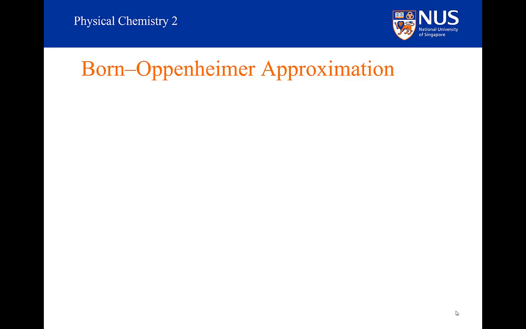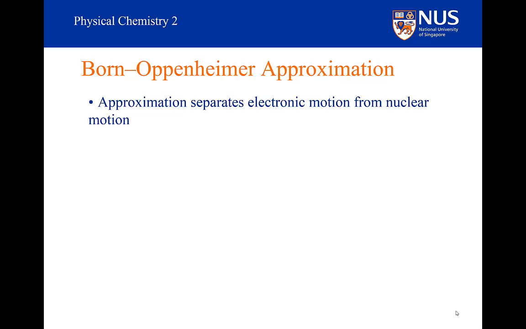The Born-Oppenheimer Approximation is something you may have heard of before. This is a way of separating the electronic energy from the vibrational and rotational energies. Imagine that I stretch a bond in the molecule. What happens to the electrons? Do they stay where they originally were, or do they move?